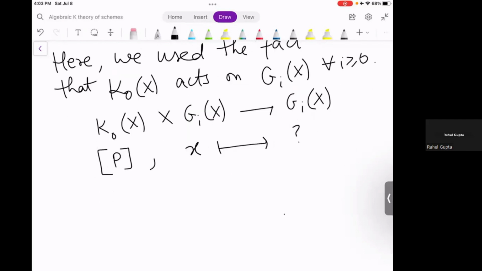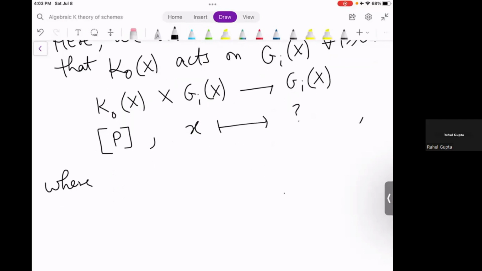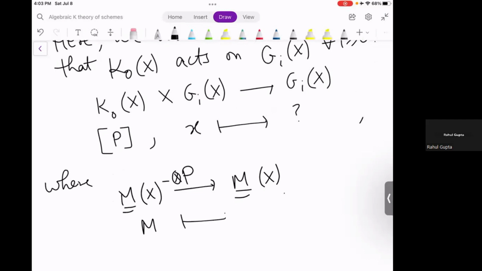Okay. So given a P, I have a map from M of X to M of X, which is a tensor product map. So any M, I will take any OX module and I tensor it with P, I will get an OX module.